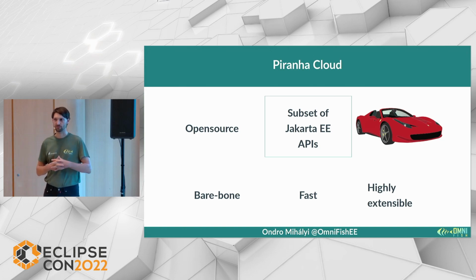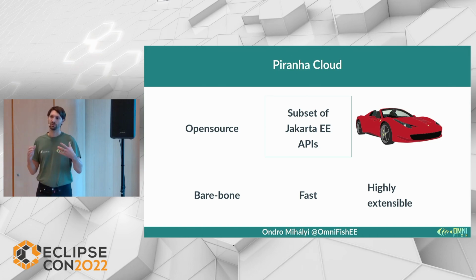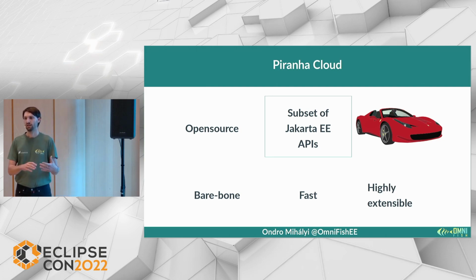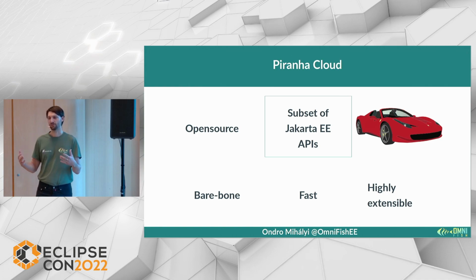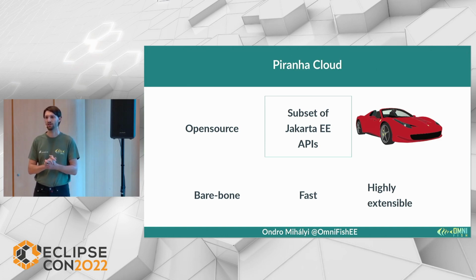But it still provides a reasonable subset of Jakarta EE. So if you have an application that you would deploy to an application server, there is a small chance that you will be able to run it on Piranha Cloud. And as Piranha Cloud matures, it has more and more support for Jakarta EE specifications, and eventually the aim is to support Jakarta EE web profile.